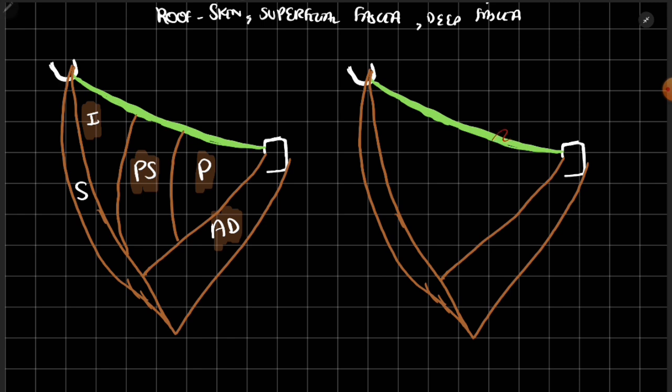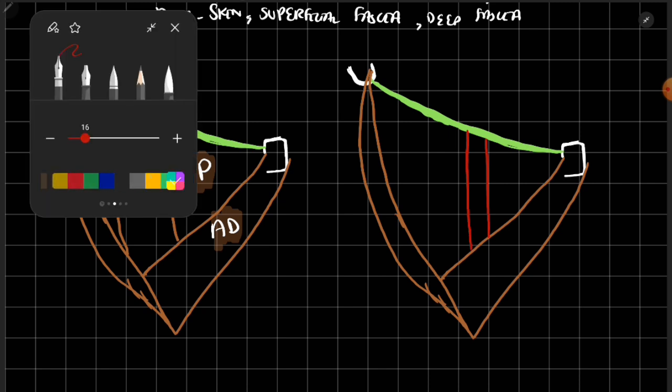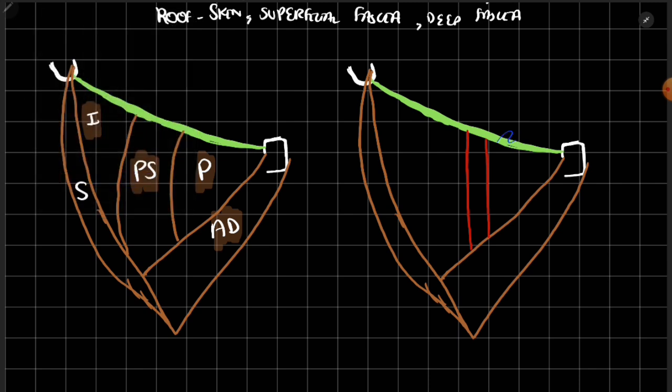So what is the content of the femoral triangle? The femoral triangle basically contains the femoral artery. So you should draw the femoral artery somewhat like this. Then the femoral vein. The femoral vein is more medially. Oh sorry, I forgot to give you the orientation.